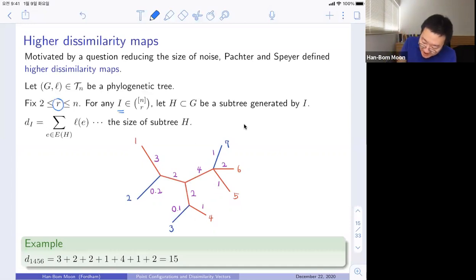So for instance, when we take the subset 1, 4, 5, 6 in the 7 leaves in this example, then there is a unique tree spanned by these 4 leaves. Now we can measure the size of this subtree by computing the sum of all edge lengths lying on this red subtree. So this is called D sub 1456, which is the sum of all lengths, which is 15 in this example. Is it clear?